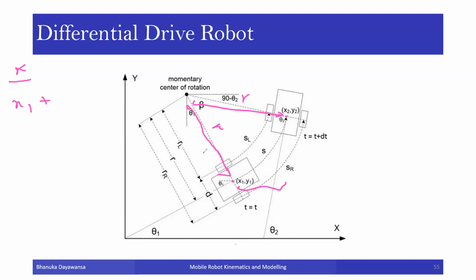Now we know these distances, right? If I want this much distance, basically from this MCR, from here to here, what's the distance? Can someone tell? It's A-level maths.